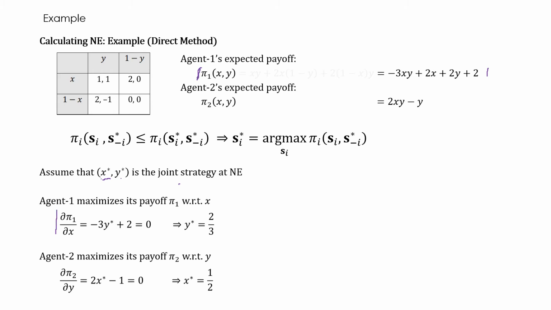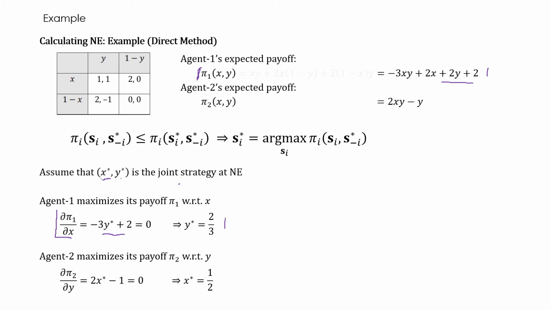We simply take the derivative in this simple case. So the derivative of pi 1 with respect to x must be equal to 0 in order to maximize pi 1. Whence, differentiating this, we get negative 3y star plus 2 equals 0, whence y star equals 2 over 3.